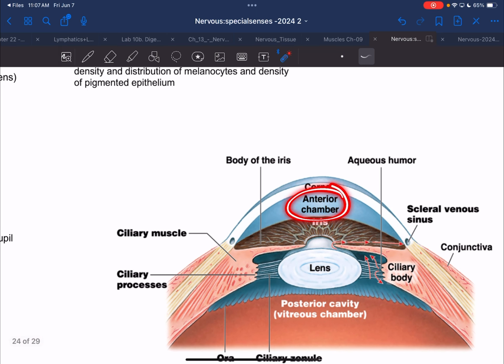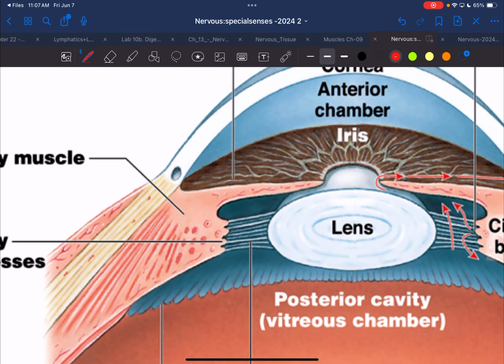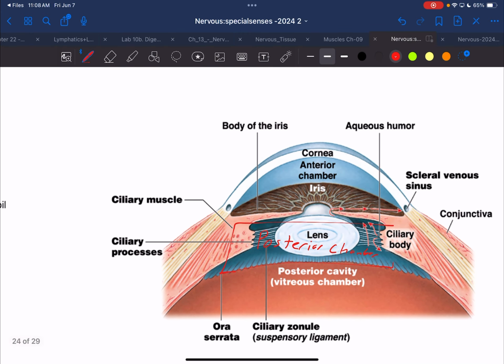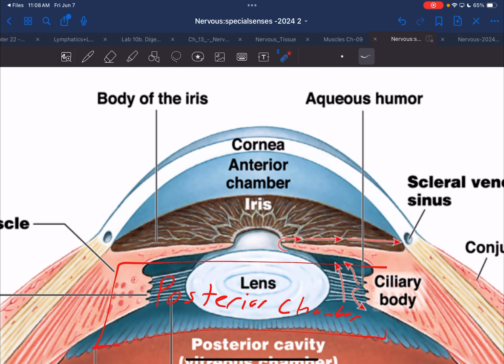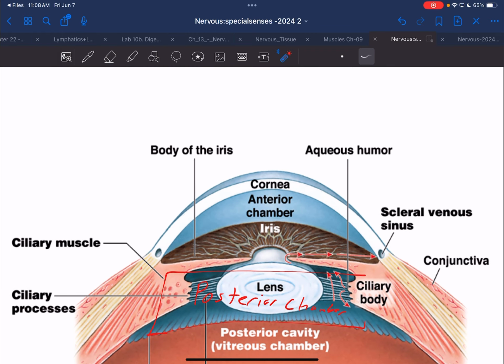So anterior chamber, and here we're going to write posterior chamber. I want to be clear that it's this whole area here. And again, it circulates aqueous humor. You can see that fluid is circulating here, and it keeps the eye nourished, contains gases, nourishes these cells, things like that, keeps it moist.